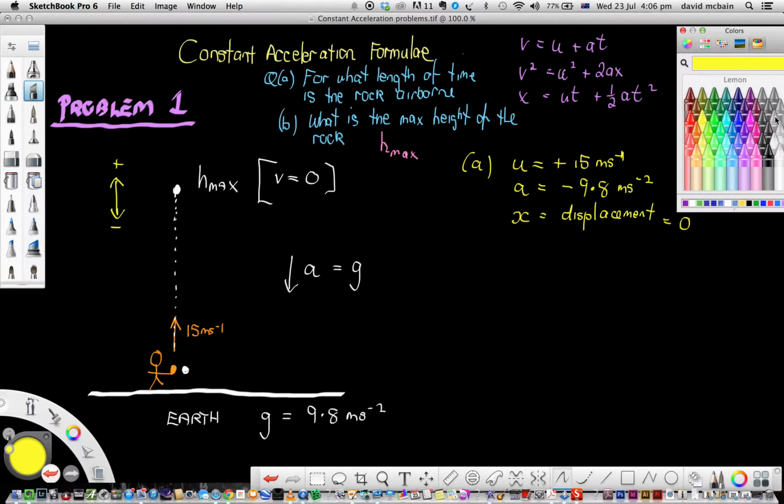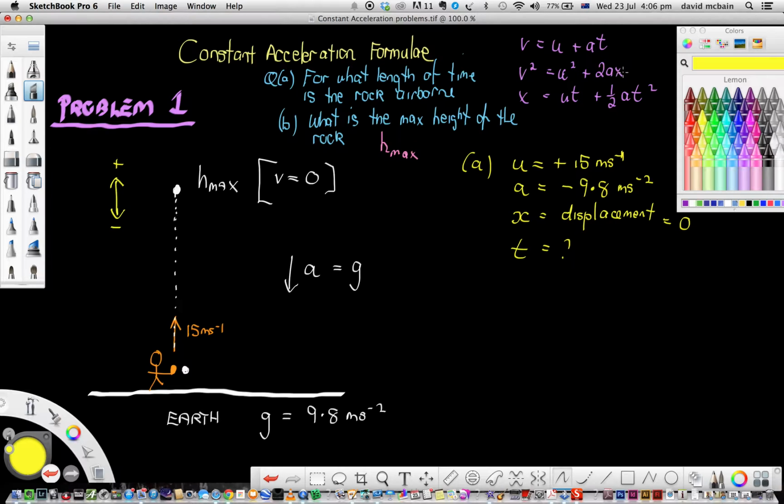So the question is, we wish to work out the length of time, the duration. So we wish to work out t. What is the time it's in the air for? So we're looking for a formula that connects u, a, x, and t. U, a, t, and v is the first one. U, a, v, and x.